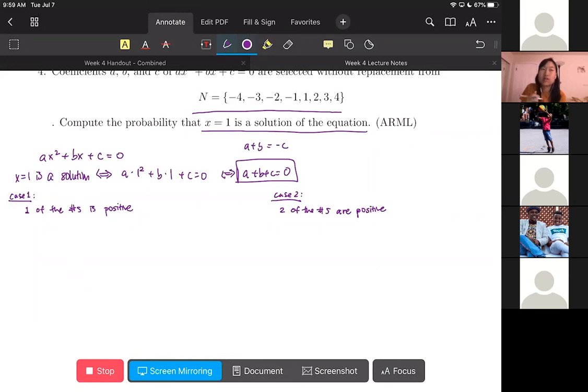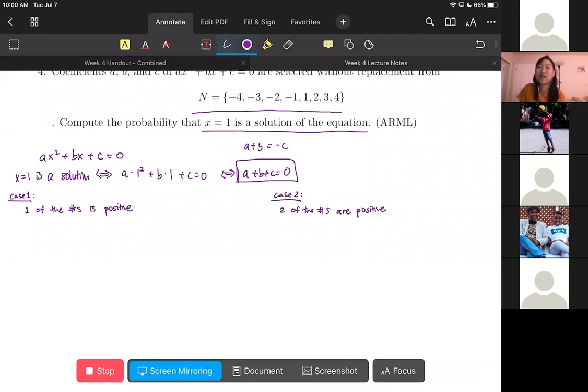Okay, so let's consider what number could be positive. If one of the numbers is positive and it's 1, is that a possibility? No. Right, it's not, because we can't find 2 negative numbers that sum to 1 in the set n.